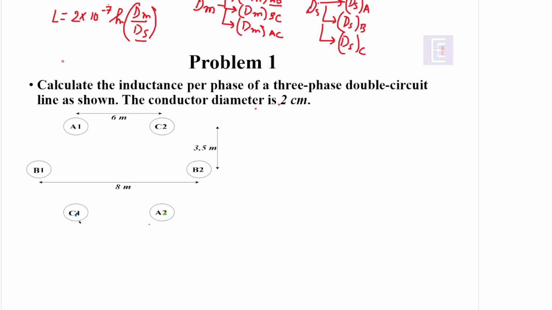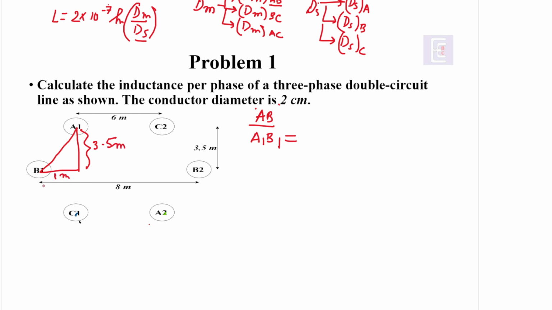Let me figure out. In between A and B phase, we have first the distance A1 and B1. So how should you calculate? Suppose this is a right angle triangle. Now this is 3.5 meter and this is 1 meter.